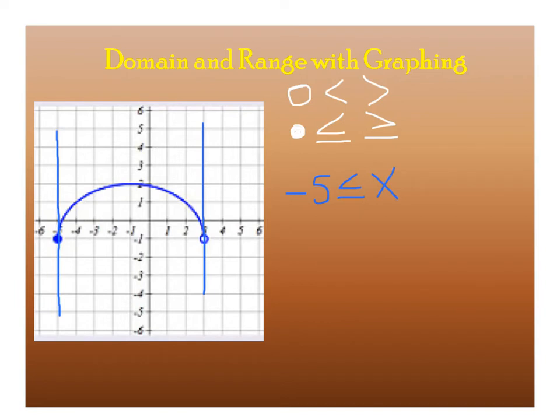And then on the higher end, we are at 3, and it's an open circle, so that's going to be less than 3. So we're saying that the x coordinates for the points on this graph can equal -5, or they can be greater than -5, but they have to be less than 3. They cannot equal 3.